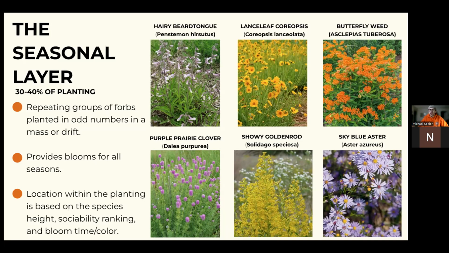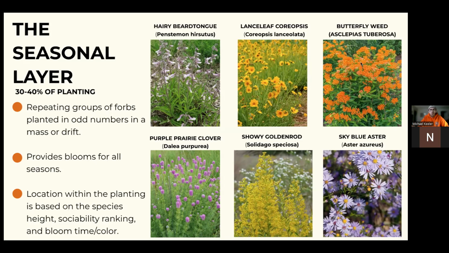It depends on the species, but showy goldenrod, for example, which is a much, much less aggressive species than something like Canadian goldenrod, behaves really well if it's given the right parameters. So planting it next to other species of similar sociability levels, like sky blue aster, will help keep each other in check.